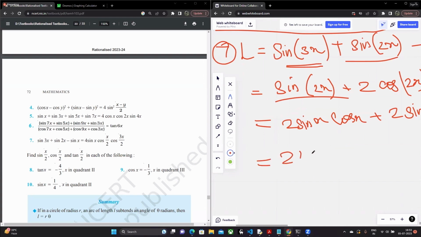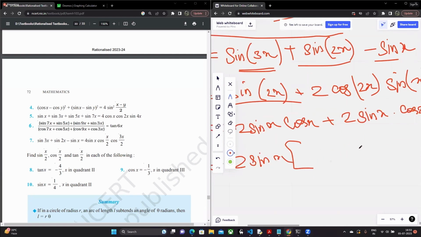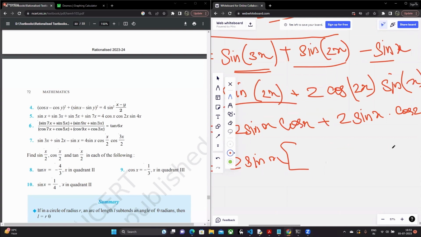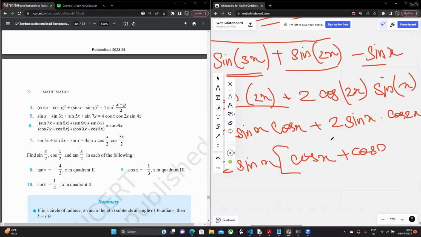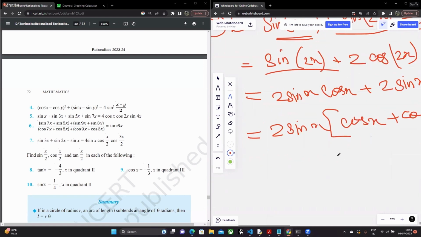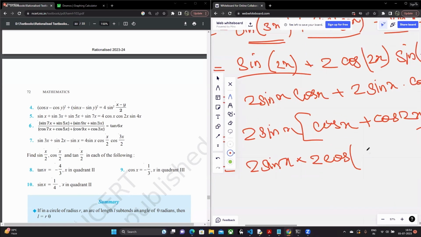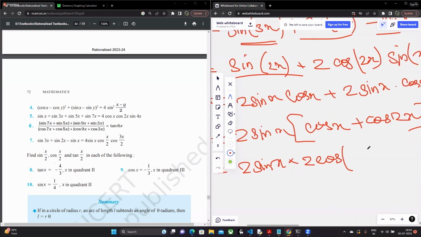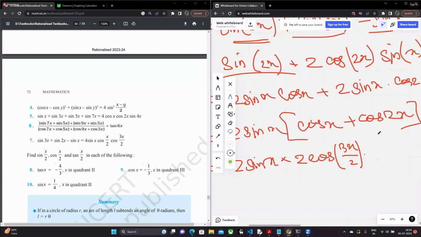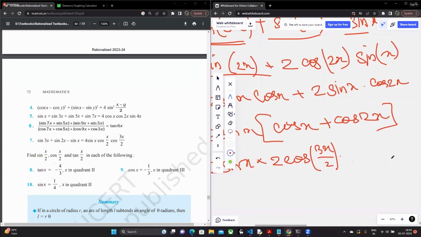I'll have this to be cos x plus cos of 2x, which is basically 2 sine x into 2 cos of (x plus 2x) by 2, which is 3x by 2, into cos of (x minus 2x) by 2, which is minus x by 2.